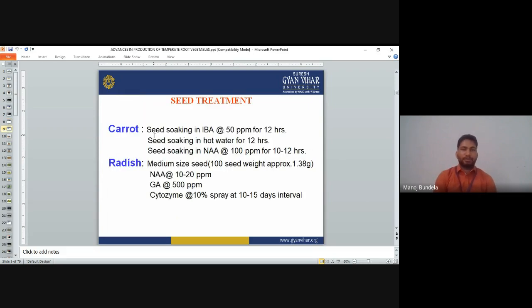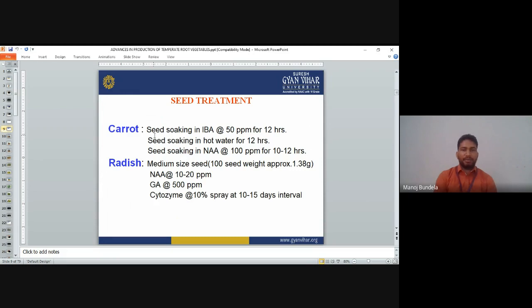Seed treatment. In carrot, seed treatment is normally done with IBA, indole butyric acid, 50 ppm for 12 hours, or seed soaking in hot water for 12 hours, or NAA 100 ppm for 10 to 12 hours. Radish has medium-sized seeds; 100 seeds weigh approximately 1.38 gram.